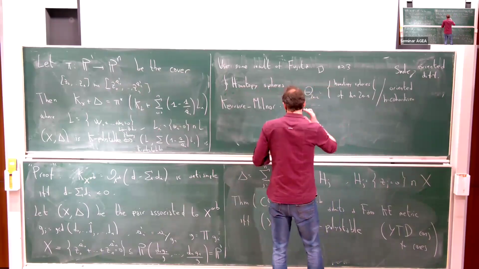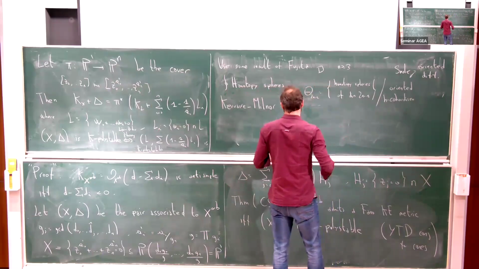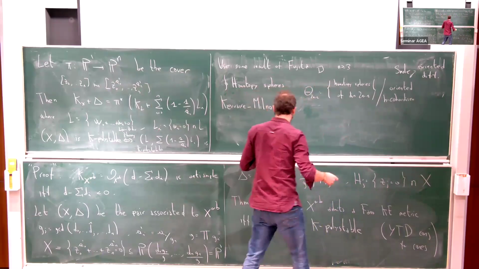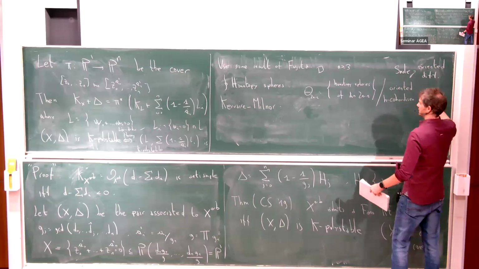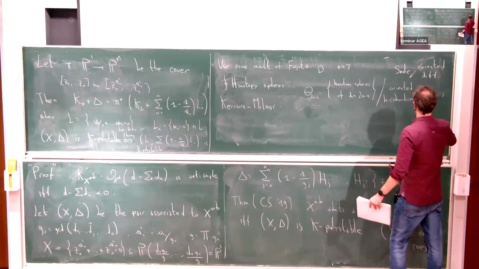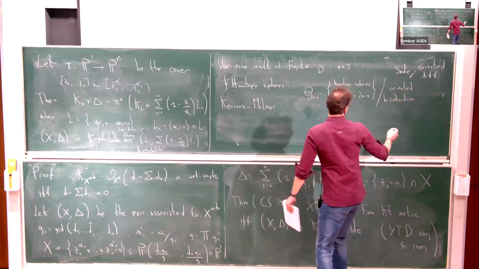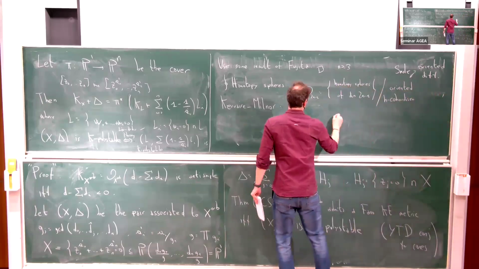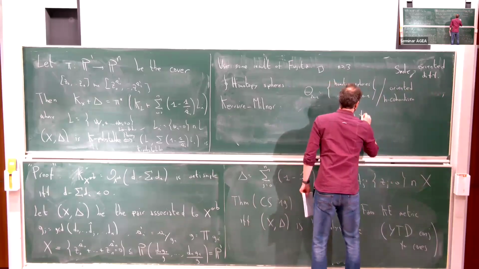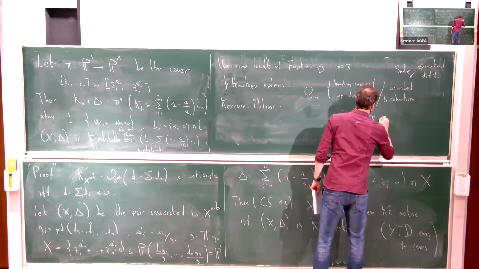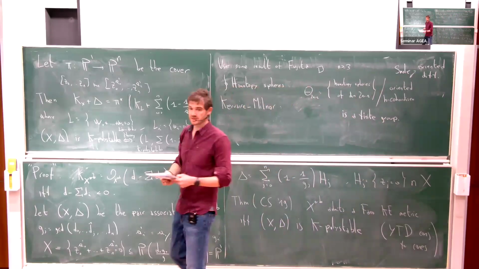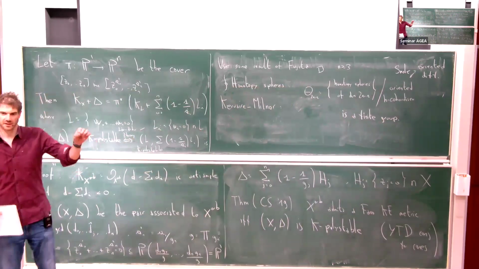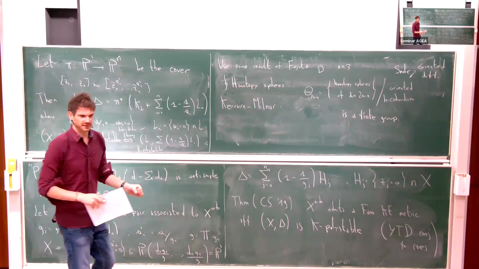Sorry, what's the point? This is a finite group. And the operation is the connected sum, and the standard sphere is the trivial element.